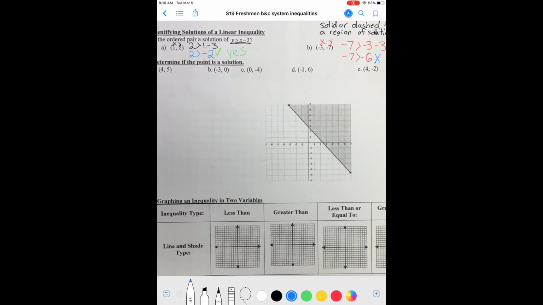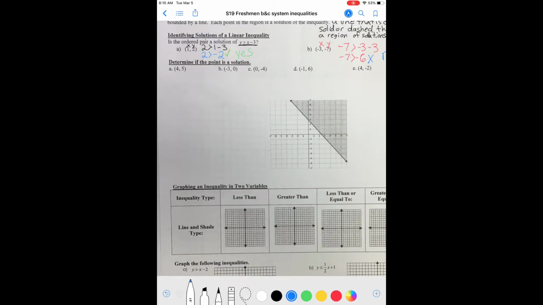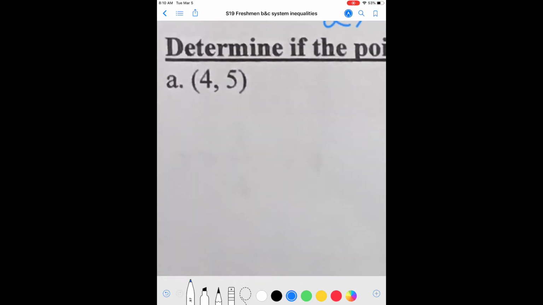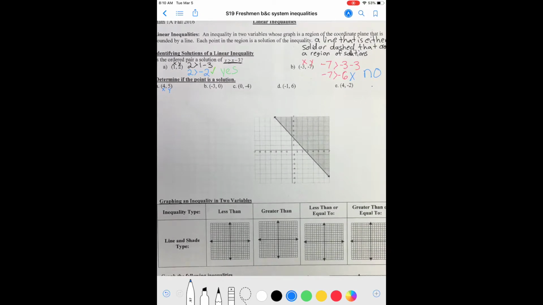To quicken this video just a little bit, this part A through E is just looking at the ordered pair. So the first one is 4, 5. So there's your x, there's your y value. You're going to your graph. This inequality line is giving you this whole region of solutions.